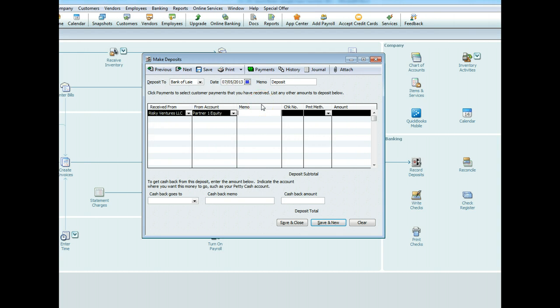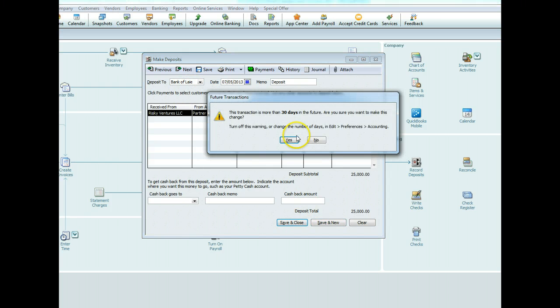They're going to do it in the form of a check. So funding from Risky Ventures. And let's see, check $25,000. Alright, so we check the date, July 5th, Risky Ventures, Partner 1 Equity, and we've got our Bank of Laie set up. Save and close.